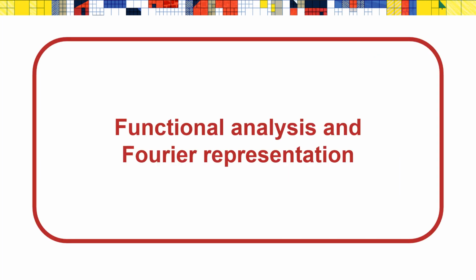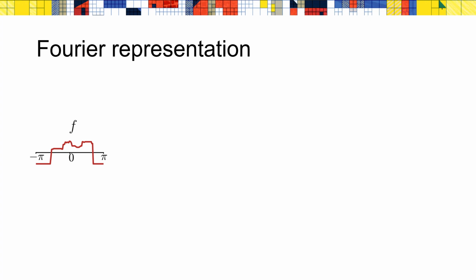Let's continue with functional analysis and Fourier representation. Again, we will start from the 1D domain to see an example of what we want to see on 3D shapes. So consider a function, or from now on we will say signal or function for the same object. A signal f defined on the 1D interval minus pi to pi.